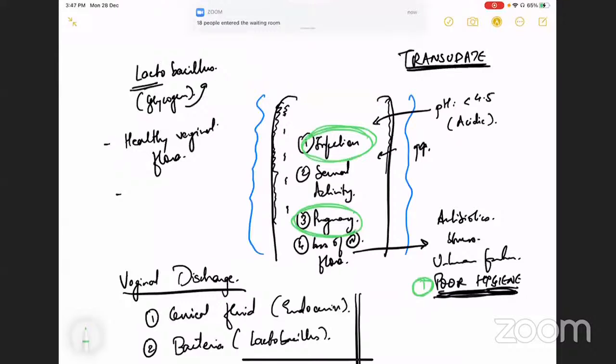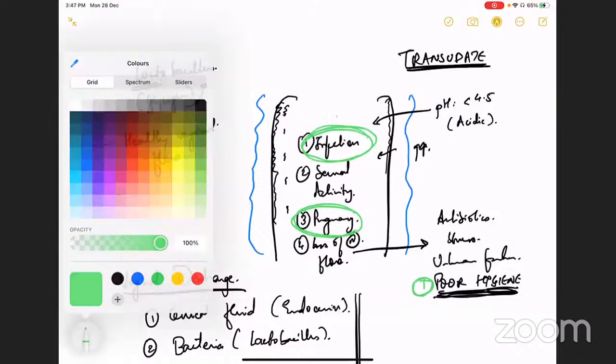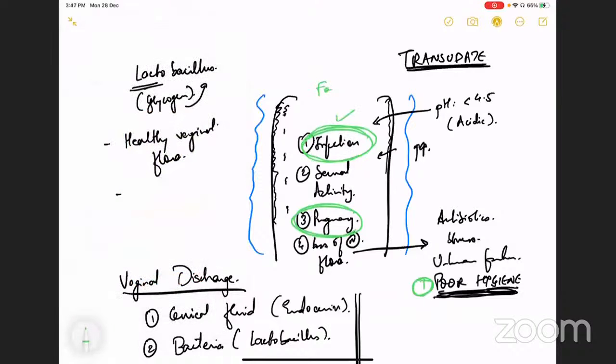In our country, these things cause an increased discharge, but you must remember that whenever there is increased discharge due to pathological conditions like infection, it is also going to be accompanied with foul smell, and it will have a change in color. This is very important for you to understand.